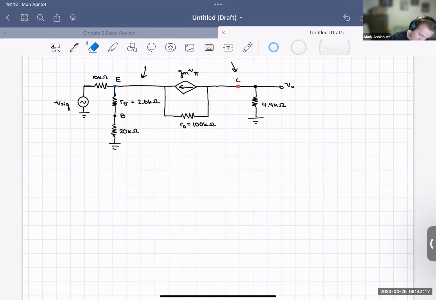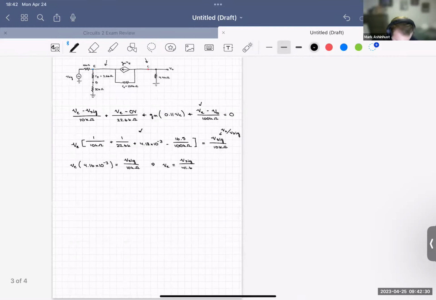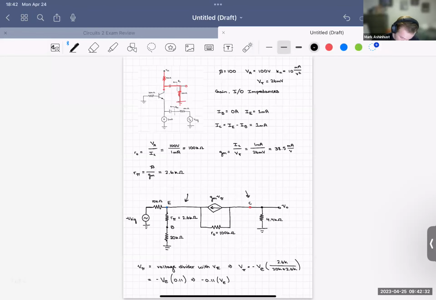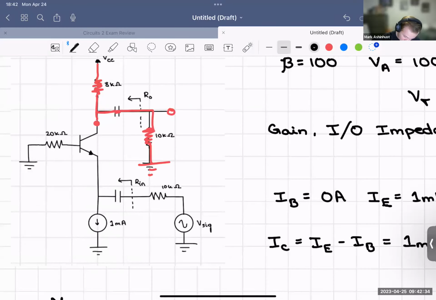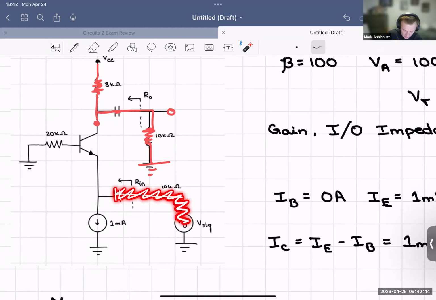So that V sig is going to get removed. And then we're going to replace this whole front part. Looking back at this, we're going to cut off at this capacitor. Like, this doesn't exist anymore in terms of the problem.